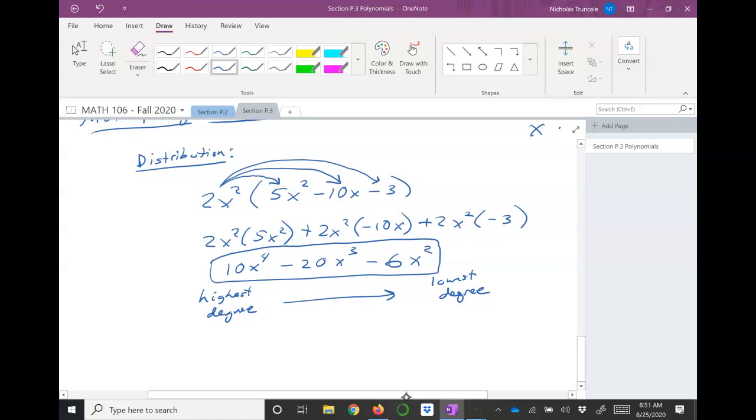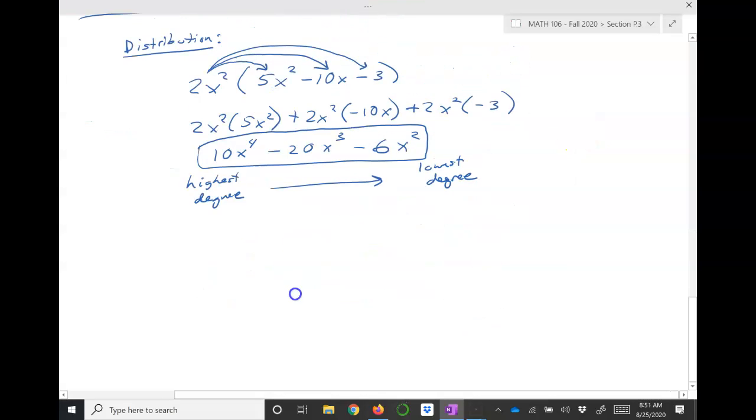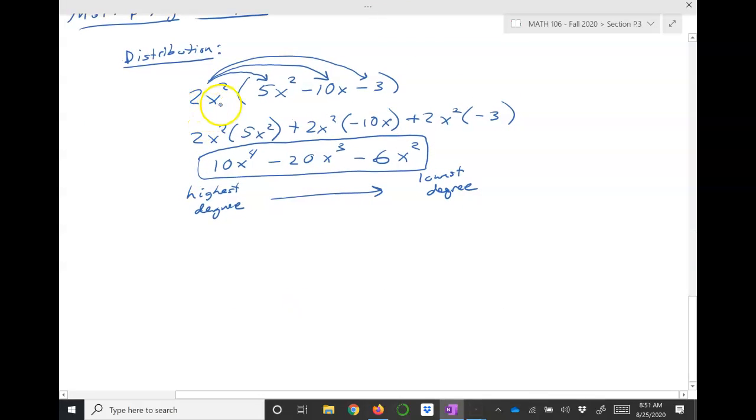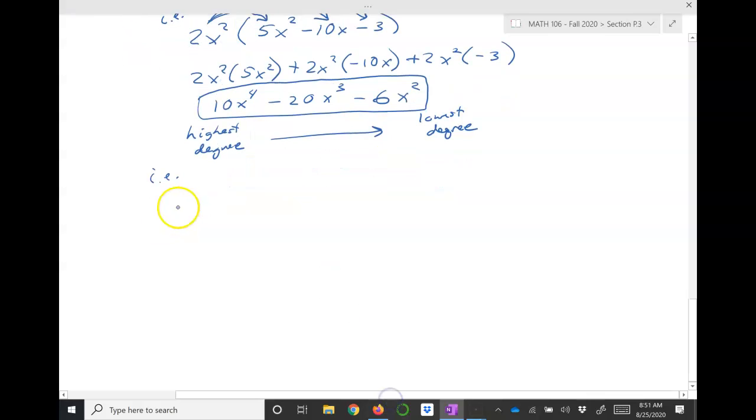Okay, so here's another distribution example. This is a more difficult one, just in that there's more terms. So this was a monomial, right? 2x squared times a quadratic, so just a polynomial. So I'll label that just as an example. And then another example would be something like this.